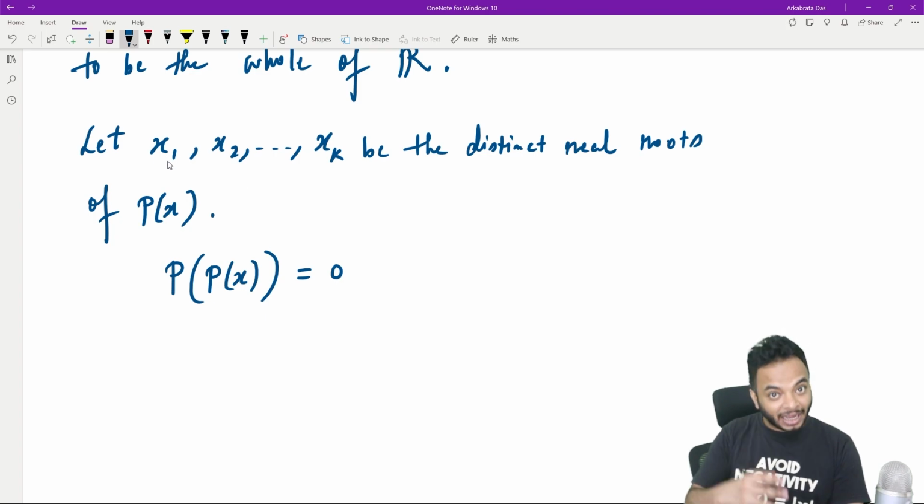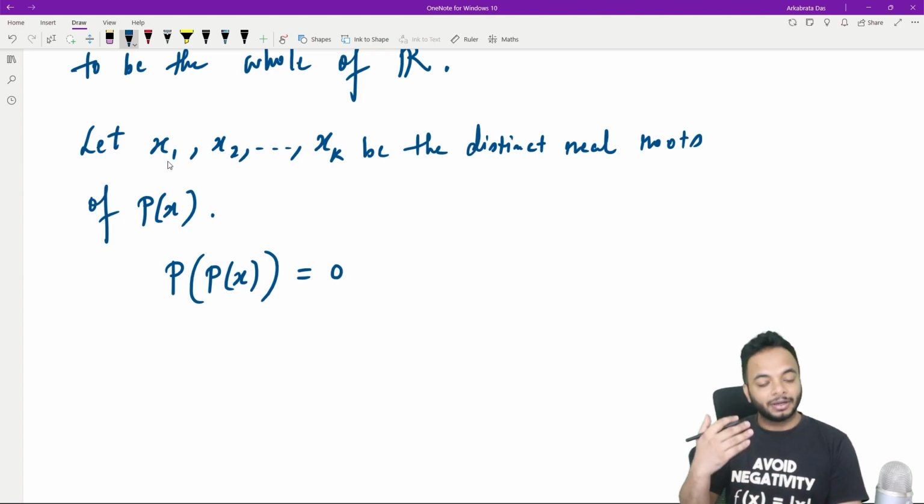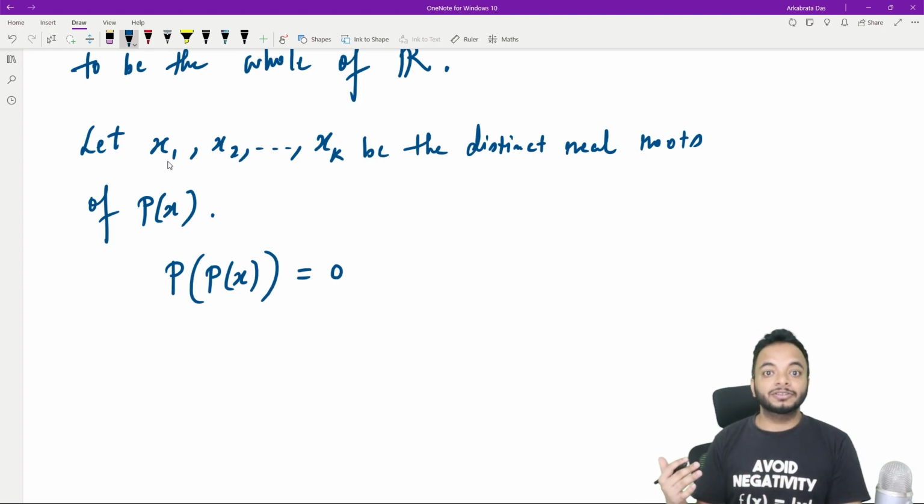So corresponding to x1, I have to bring one value where p(p(x)) will be 0, and so on and so forth, and they must also be distinct.